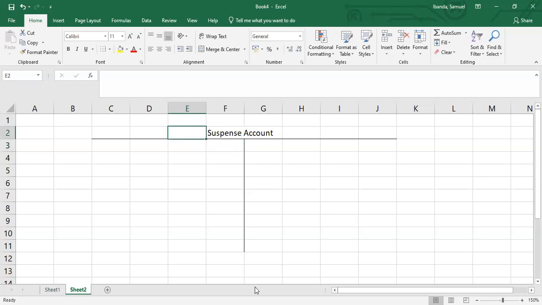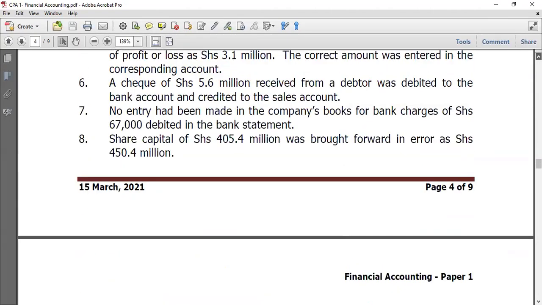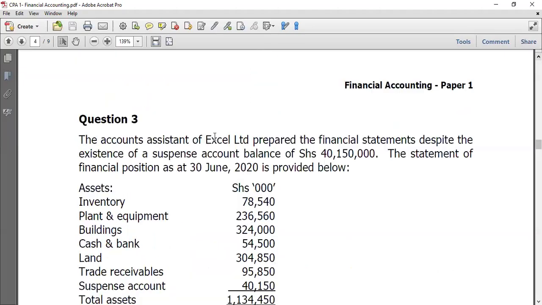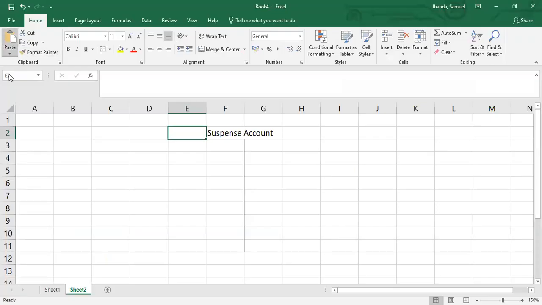We'll give it a name according to the name we have here. What is the name of the company? This is Excel Limited. So Excel Limited suspense account.